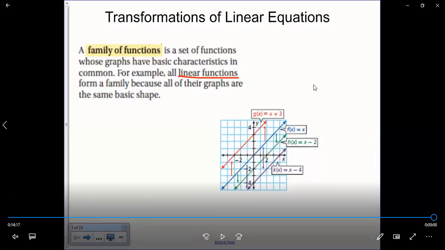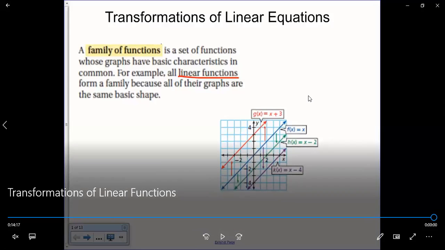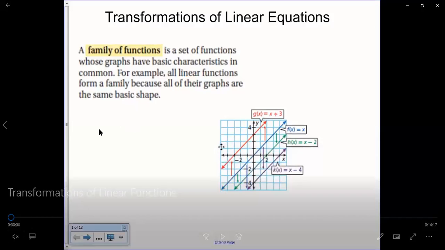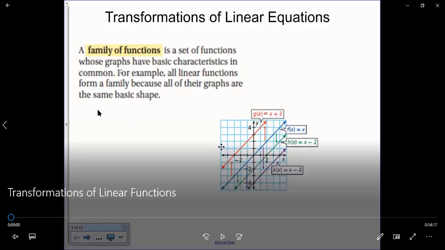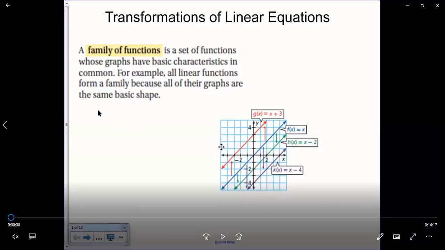So, transforming linear functions. What is the meaning of family of a function? Did you hear this word before? A family of functions is a set of functions whose graphs have a basic characteristic in common.